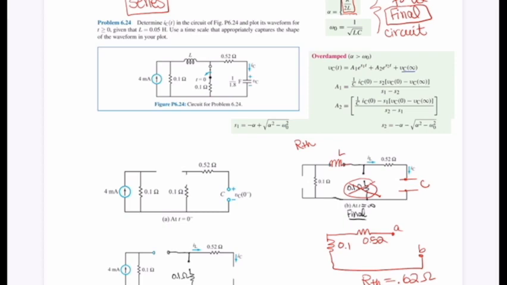So this is 0 current. And then you want the voltage, which is across this 1.1.